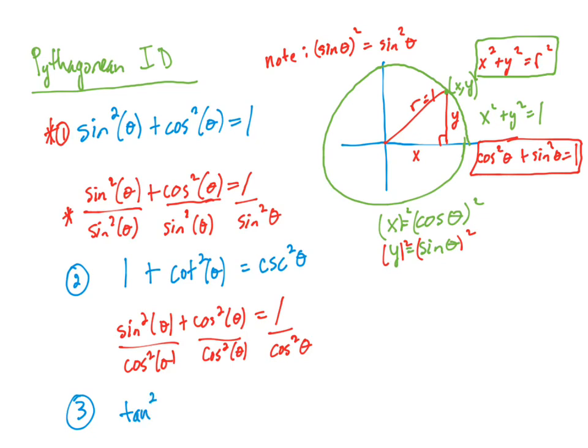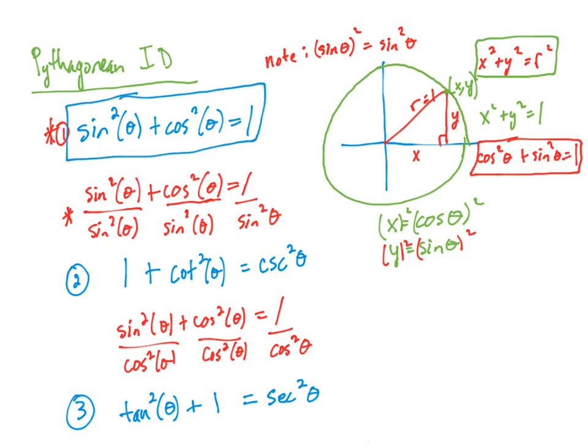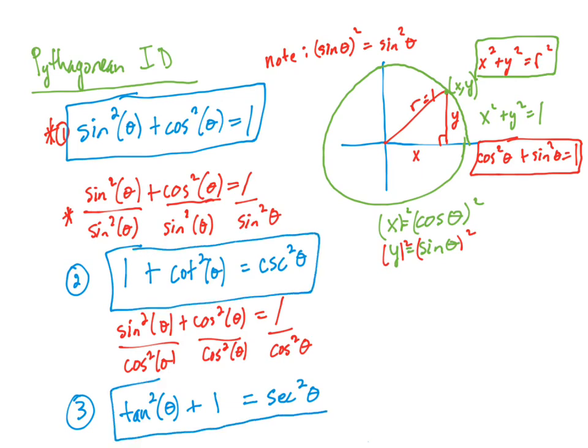So tangent squared of theta plus cosine squared over cosine squared is 1. And then the reciprocal of cosine squared is secant squared of theta. So we get 3 versions of the Pythagorean identity. My recommendation would be just memorize the first one, and then remember, okay, if we divide through by sine squared, we get this version, and then if we divide the first identity through by cosine squared, we get this version.